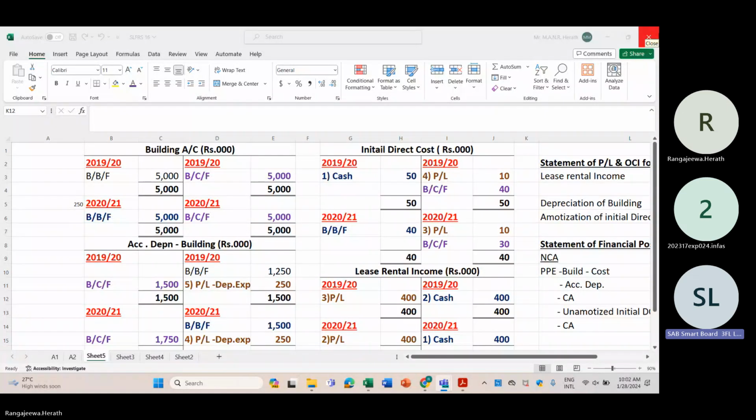Here you see the second year. In the lease rental account, first we are receiving the 400, and that you can transfer to P&L. And you can recognize 10,000 of this initial direct cost balance of 40,000 to the current year P&L.